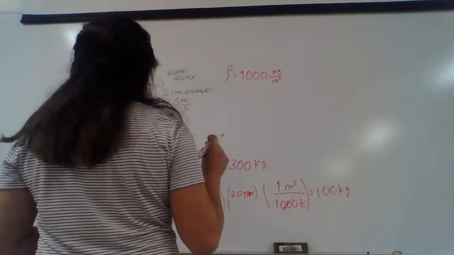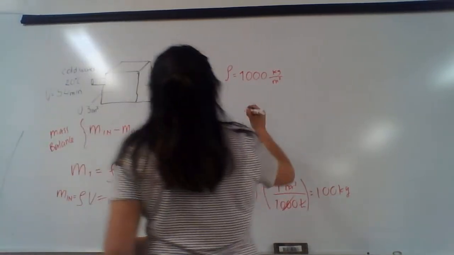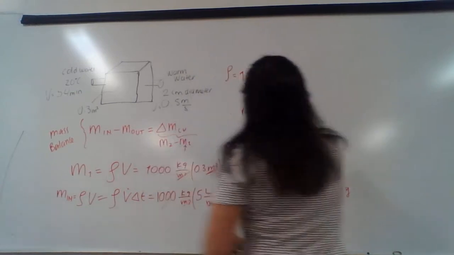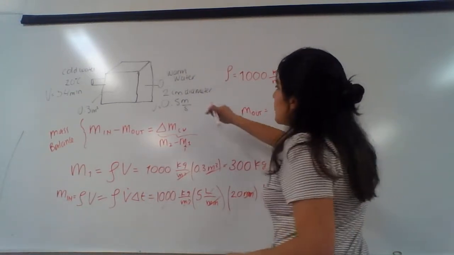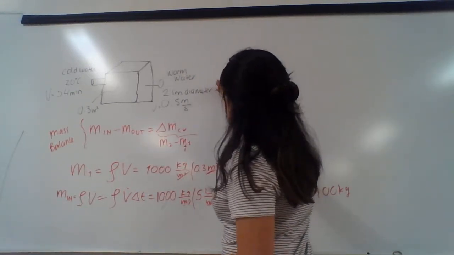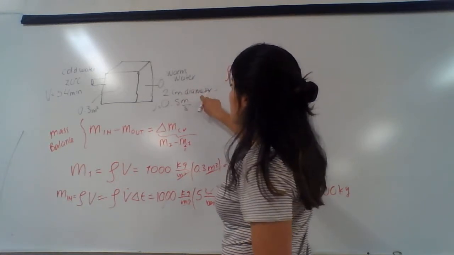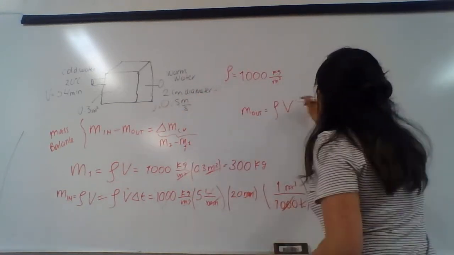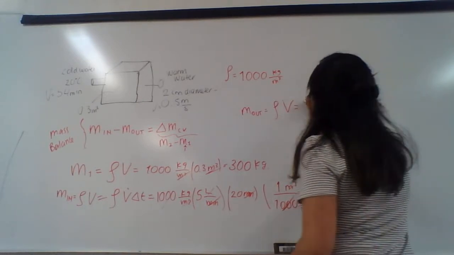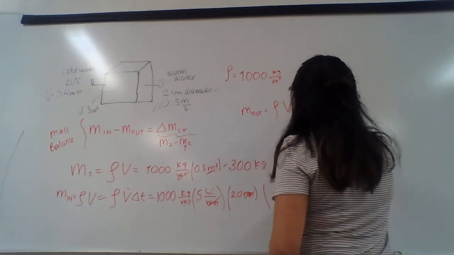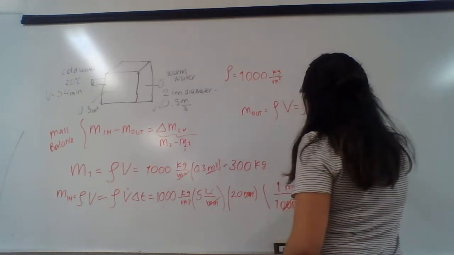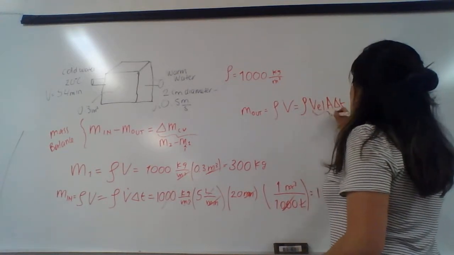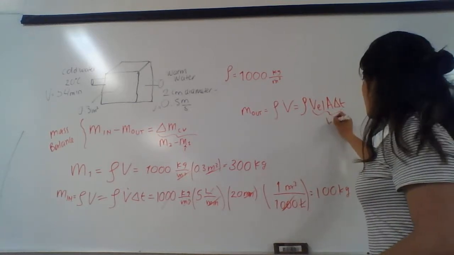And for the mass that is going out, we also have the density times the volume, but we have the diameter and the velocity. So we can write it as the density times the velocity times the area times the difference in time, and this is the volume.